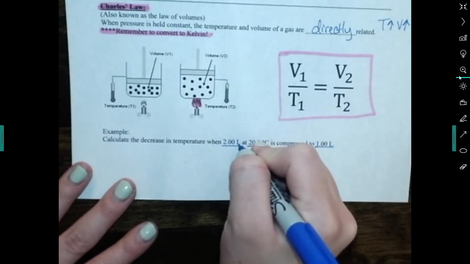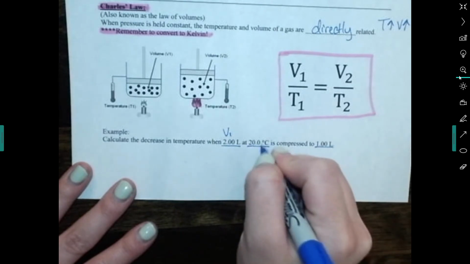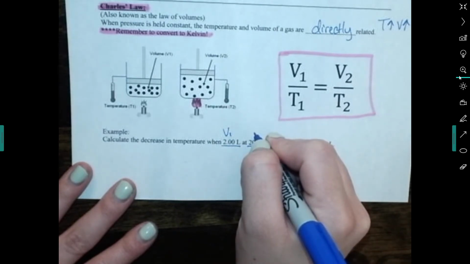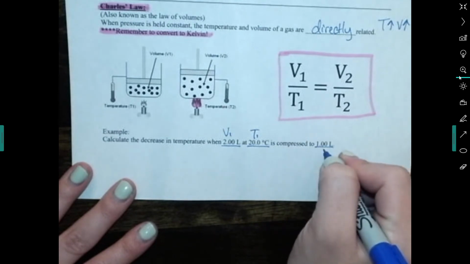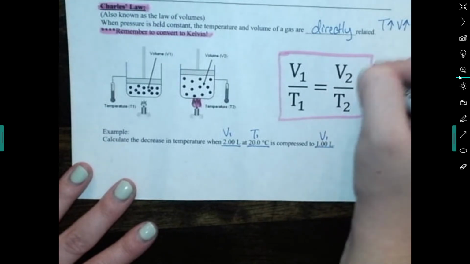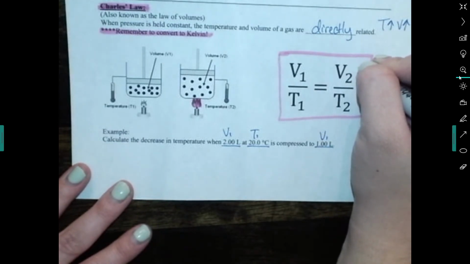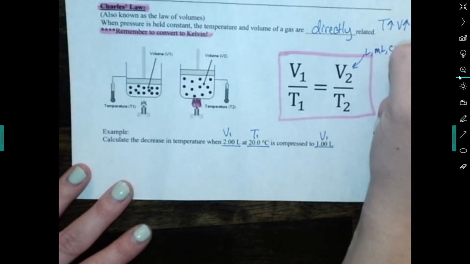So this is liters, so this must be volume. This is degrees Celsius, so this must be T1, that's our temperature. And then it's going to be compressed down to this, so this is liters, so this is going to be V1.